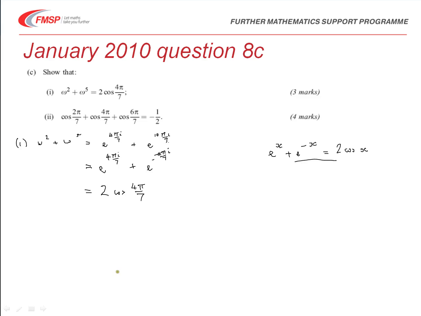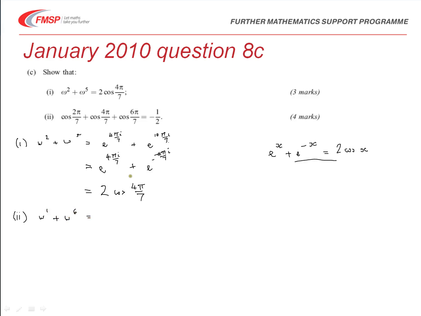Okay, right, then when we move into part 2, we want something similar for cos 2 pi over 7. Well, if it was w squared plus w to the 5 that created this one, what happens if we do w plus w to the 6?